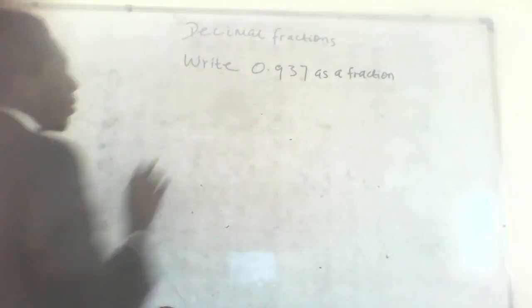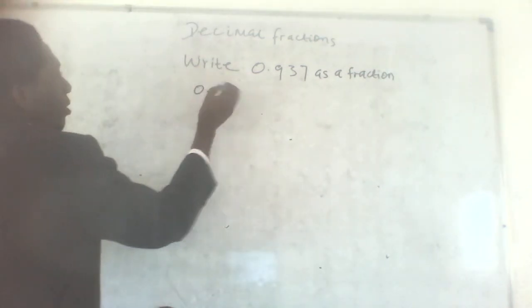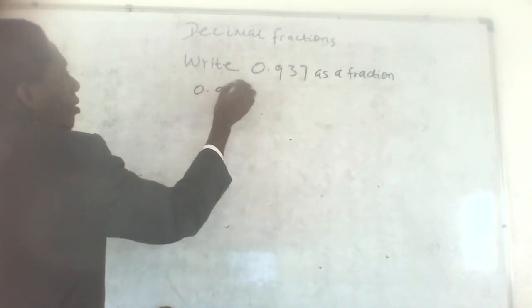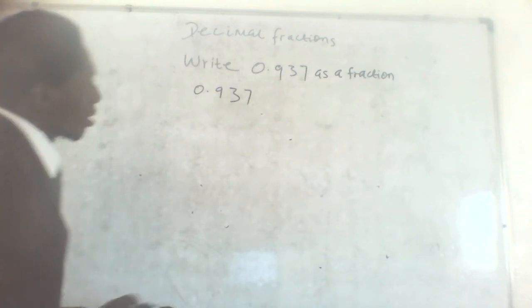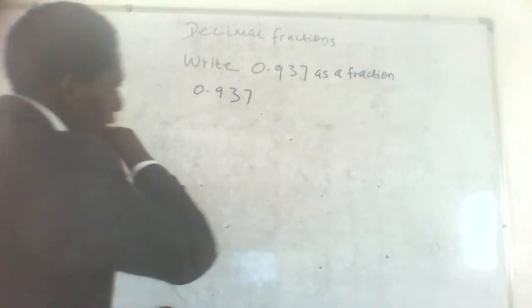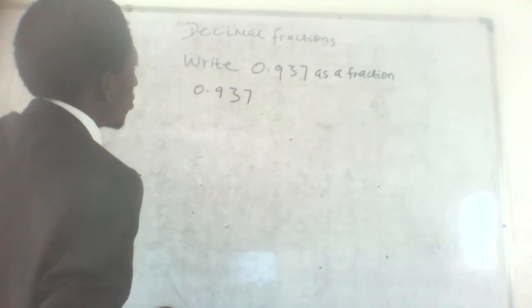Okay, so we want to write 0.937 as a fraction. Okay, this is not a problem at all.